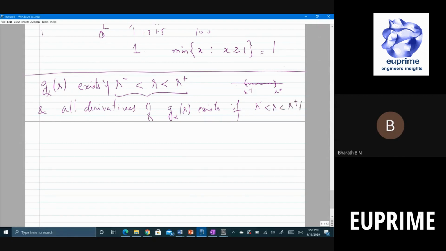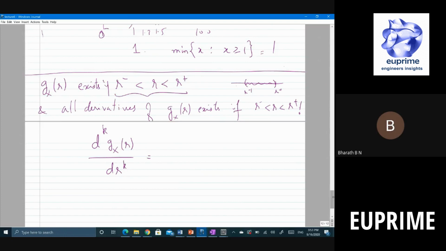Okay, so this is something that you need to check, why. Now what is the derivative? Let's take the nth derivative of g_X(r), or the kth derivative of g_X(r), with respect to r.